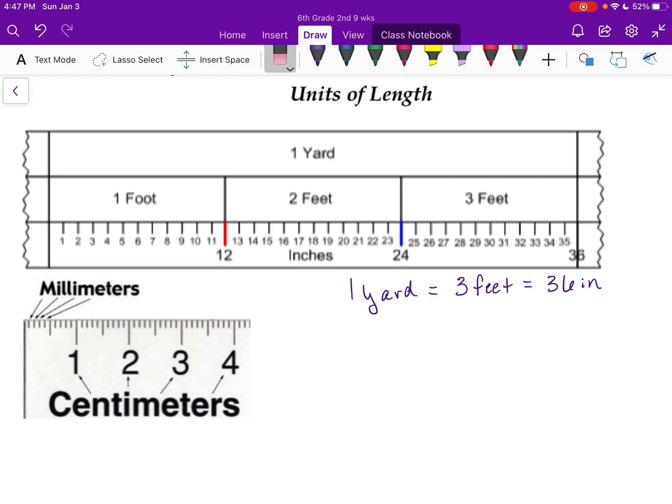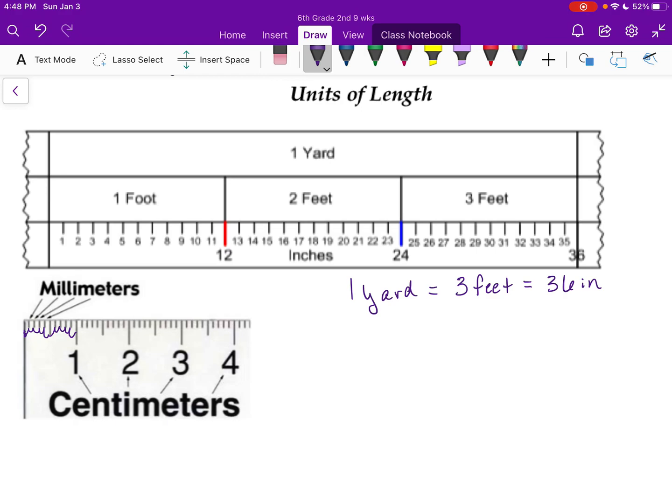It takes 10 millimeters to equal a centimeter. You always start at 0, and we do little bunny hops: 1, 2, 3, 4, 5, 6, 7, 8, 9, 10. See, it takes 10 millimeters to equal 1 centimeter.